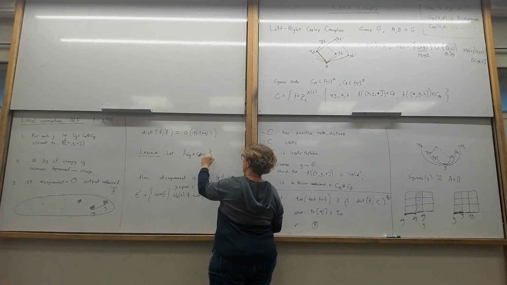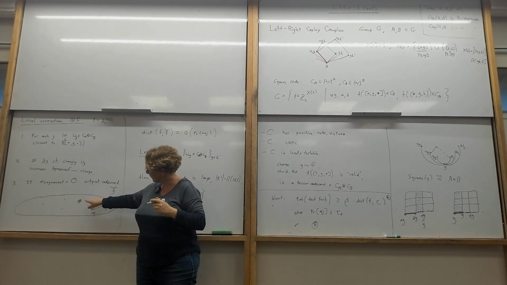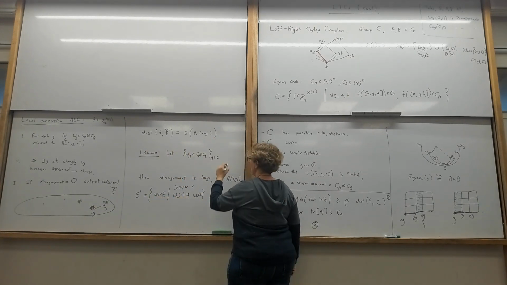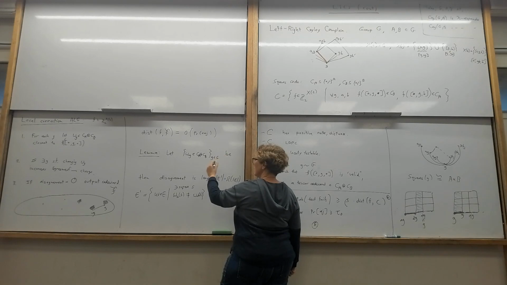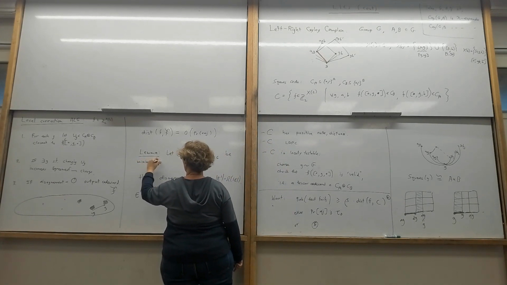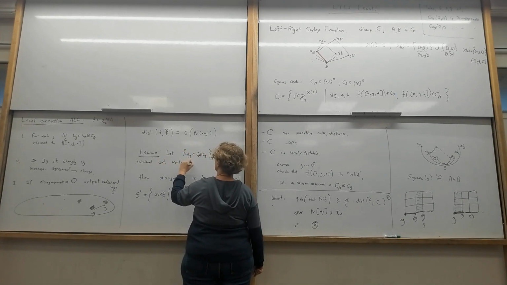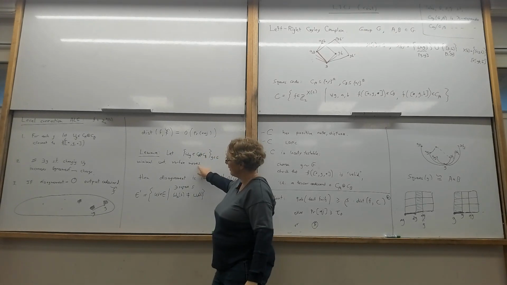So in my mind I have this picture: for every G in G I have a little matrix. And I want to say that it's minimal with respect to vertex switches, let me call them moves.